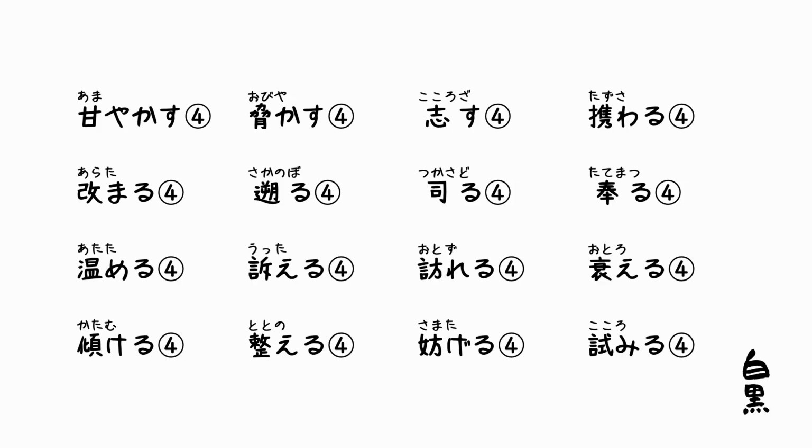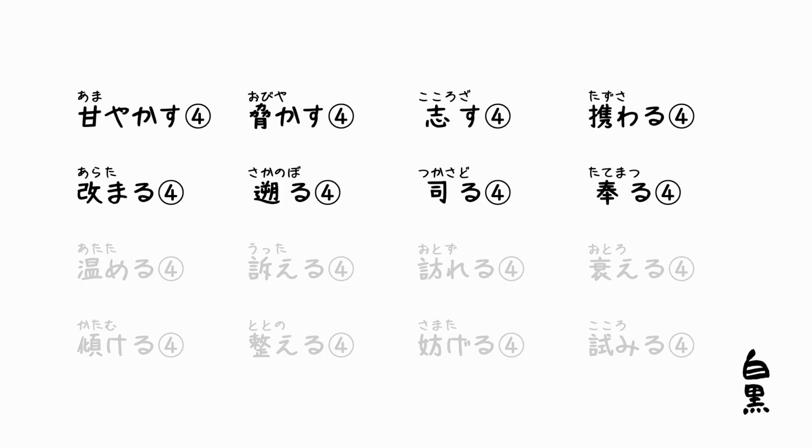As most of the 5 mora or longer verbs are compounds, the group 1 verbs listed on this slide are almost all the common simplex ones out there. As you would imagine, there are exceptions.